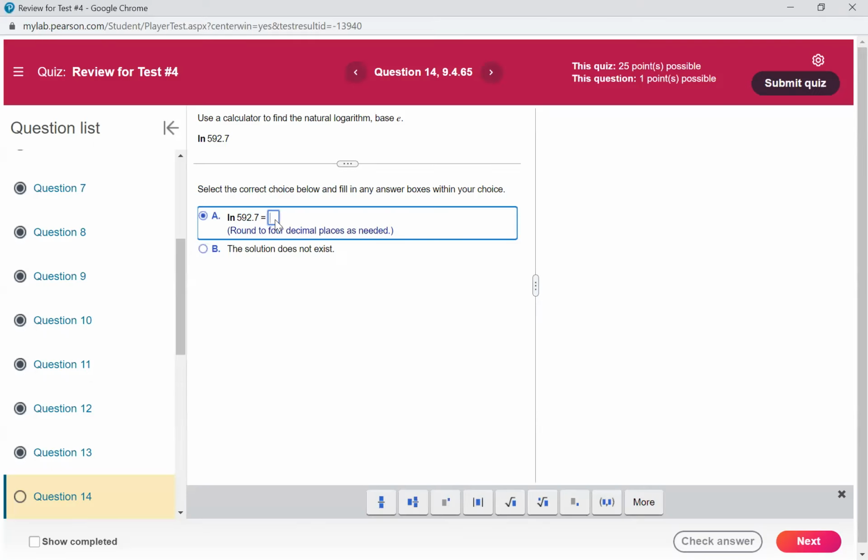Just remember, if you're rounding to 4 decimal places, you look at the 5th decimal place to determine whether you're moving it up or down or leaving it the same.